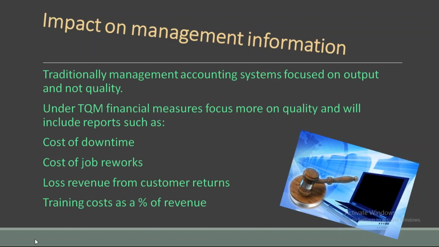How many times did I have to redo the product? Cost of rework. Just because I was negligent, I had to go and redo the product, and how much did it cost me? Loss of revenue from customer returns. The customer was not happy and he returned the goods, so that also will be a very big thing.